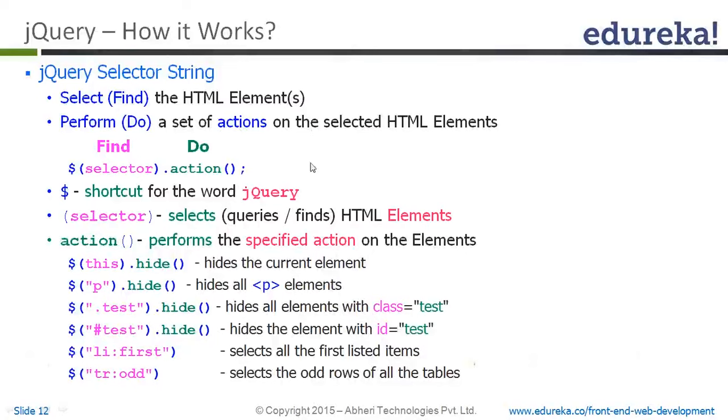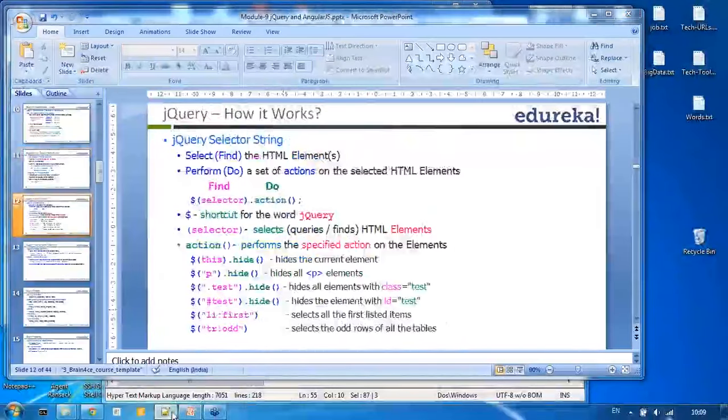That's all. So the syntax is here: dollar, and then you give the selector here, pink color, and then you take some action. Note that after this action is completed, it will again return all those objects. What it means is, here you have done the hide function.